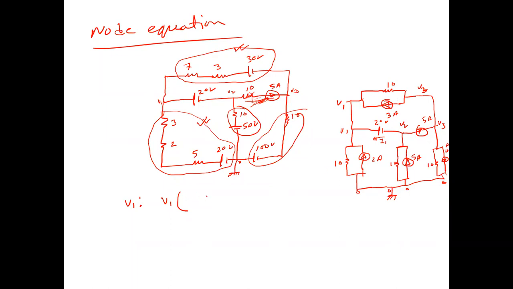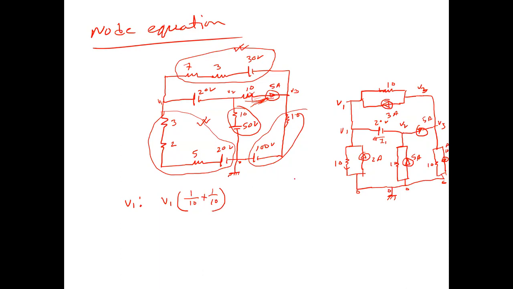Using this formula, 1 by this 10, plus 1 by 10. And these other ones have no resistance, so only this and this. Okay, so this portion is finished.